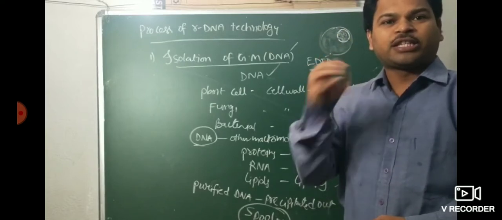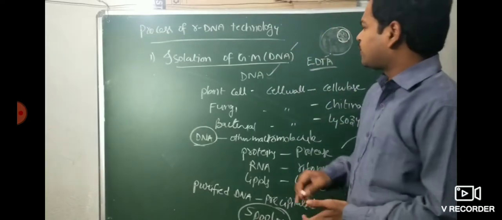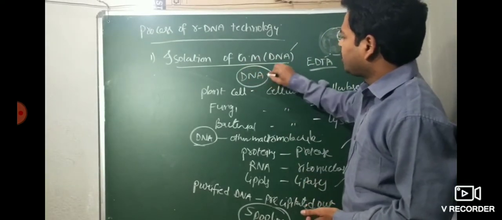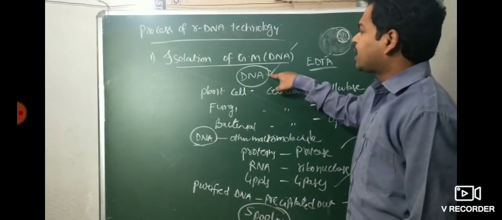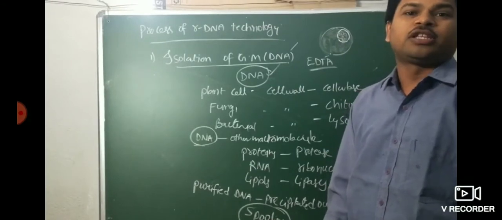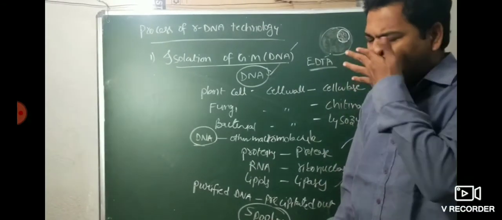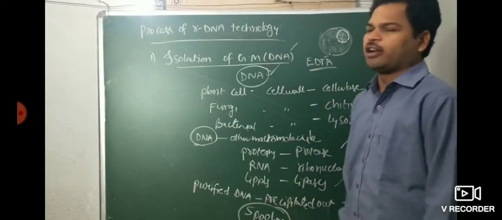Without exception, every living organism has genetic material. In most living organisms the genetic material is DNA, deoxyribonucleic acid. It's a very important feature. So we need to isolate the genetic material, DNA.